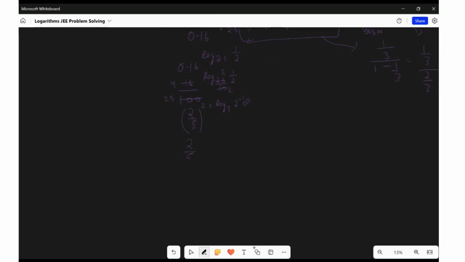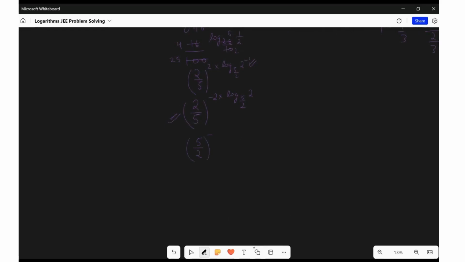So 2 by 5 to the power minus 2 into log 2 base 5 by 2. Now to make this 5 by 2, we can write this as 5 by 2 to the power minus 1 into minus 2, into log 2 base 5 by 2.